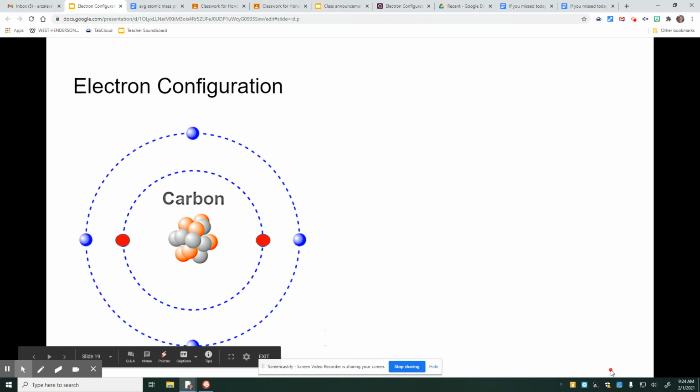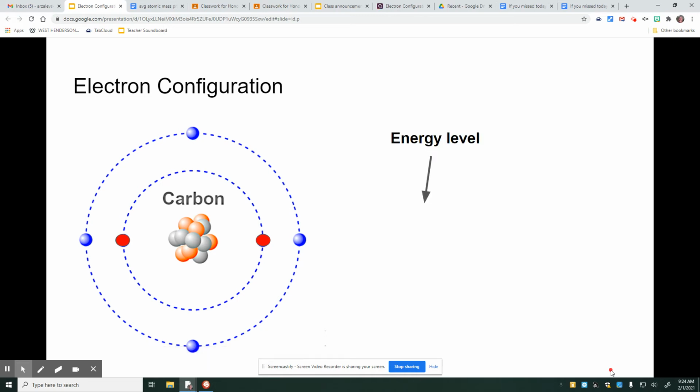The first thing I want to mention is its energy level. Well, this is the first energy level, so I'm going to put a 1 there. The first energy level only has an S sublevel. So what we're going to write next is the sublevel, and that would be an S sublevel.